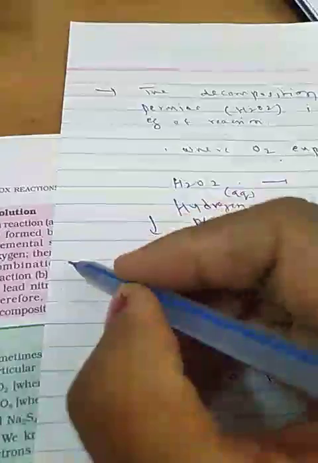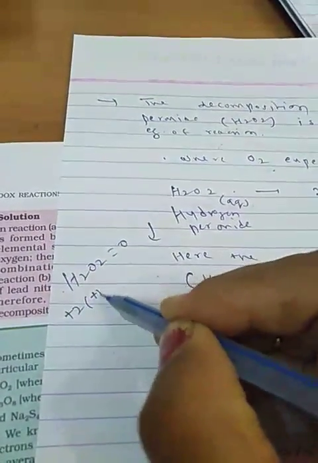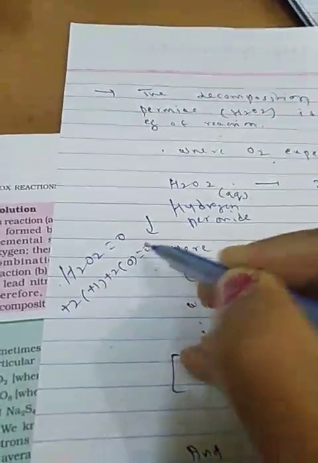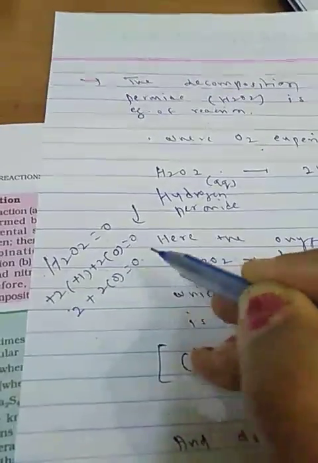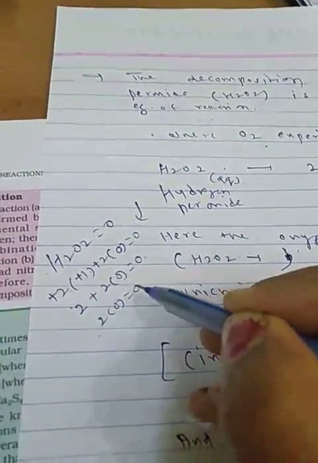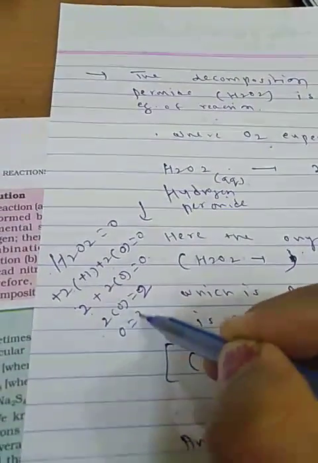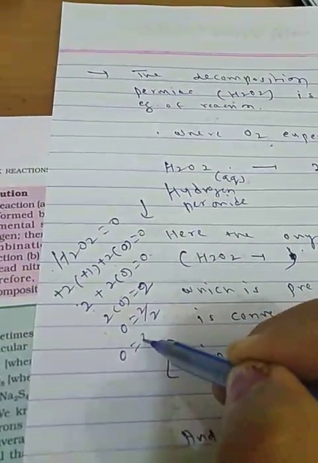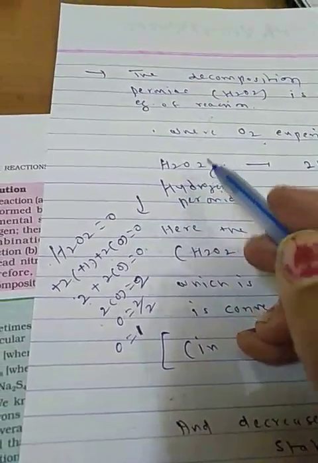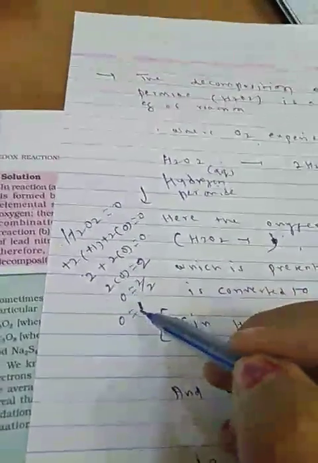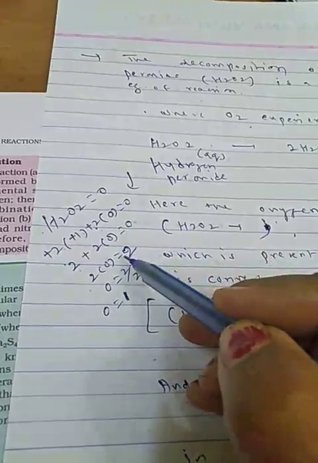See, H2O2 is equal to 0: 2 times plus 1 plus 2 times oxygen is equal to 0, so 2 will go there, 2 oxygen is equal to -2, so oxygen's oxidation state is not plus 1 but -1.